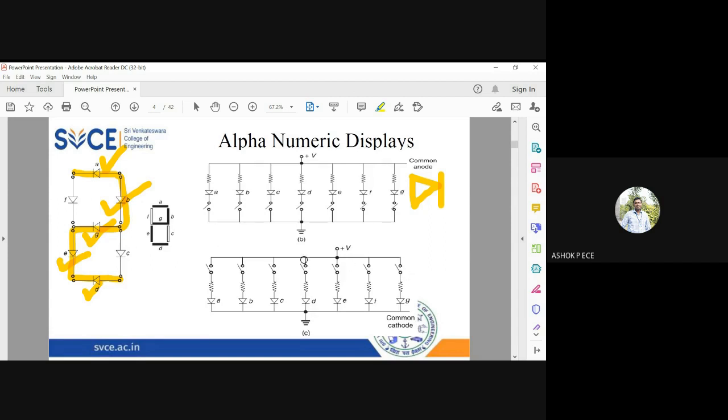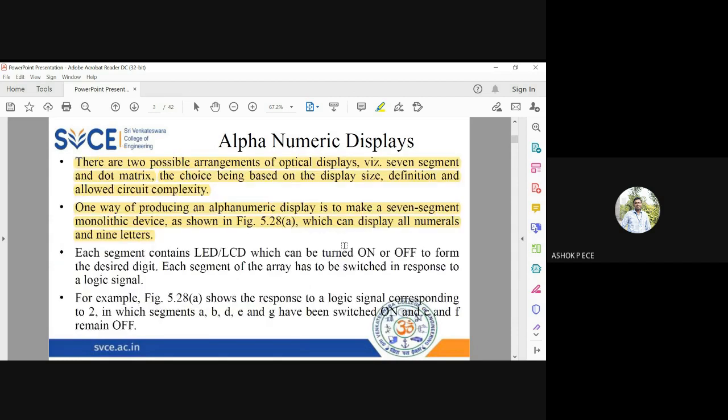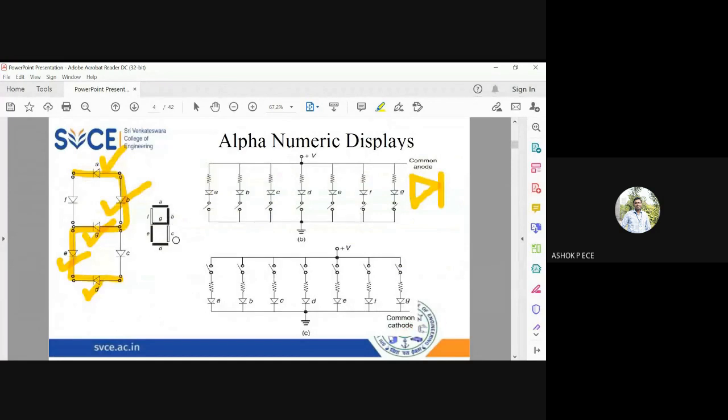Okay, so those are the two different types of 7-segment displays we have: common anode and common cathode based displays. Each LED can be turned on or off to form the desired digit, so I need not keep all the LEDs on. As we have seen, for displaying 2, the LEDs C and F need not be on.